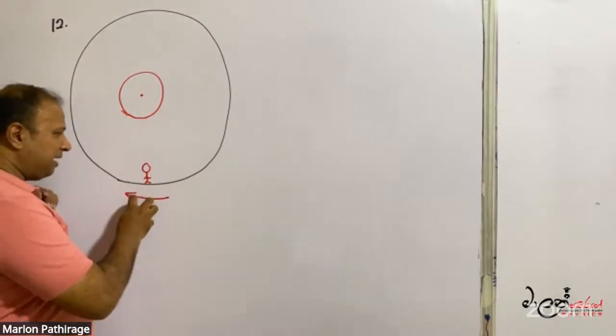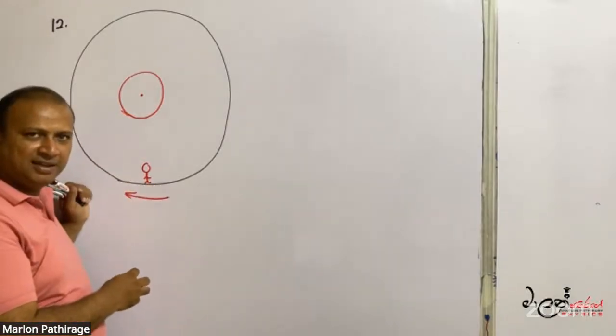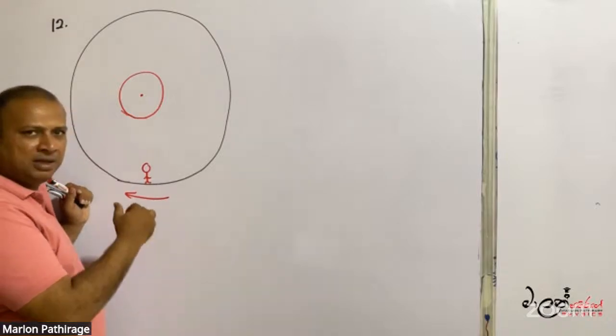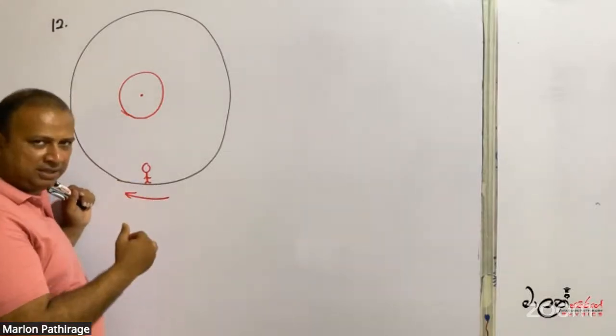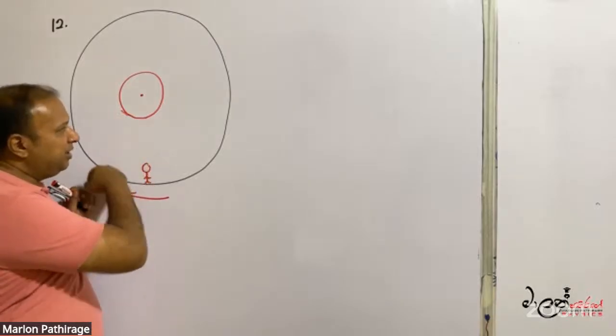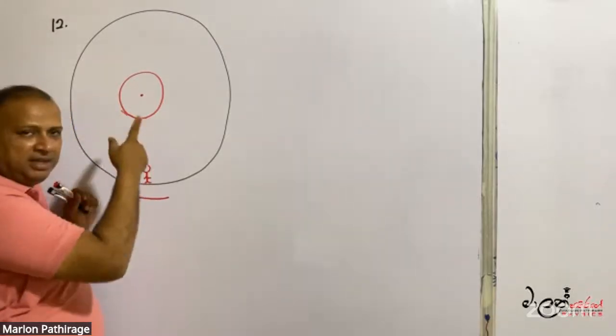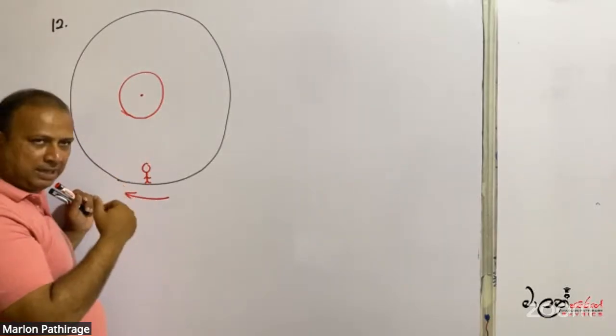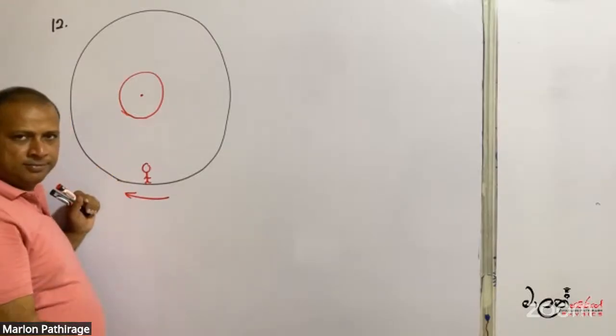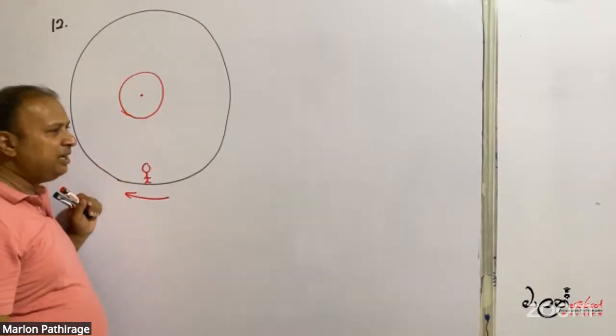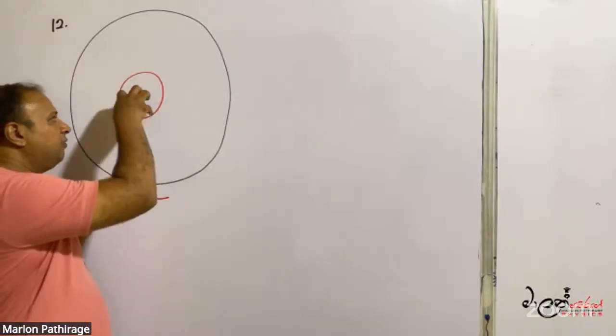Suppose this man is not on the earth, but he is rotating in a circular path like this, and he is in the gravitational field of the earth.